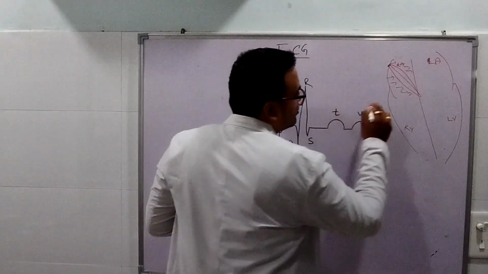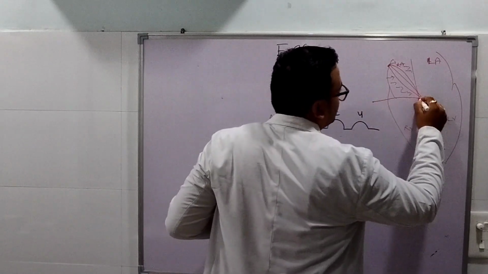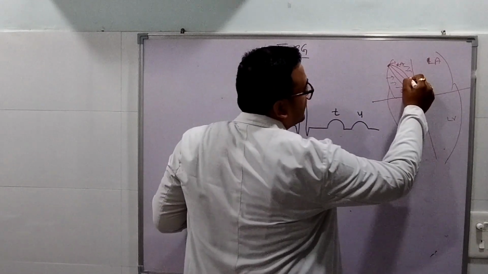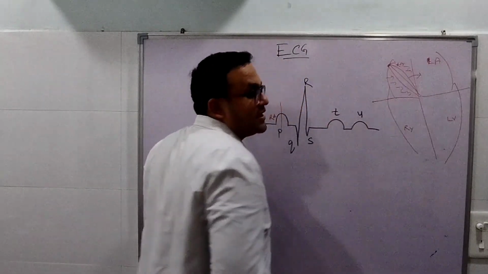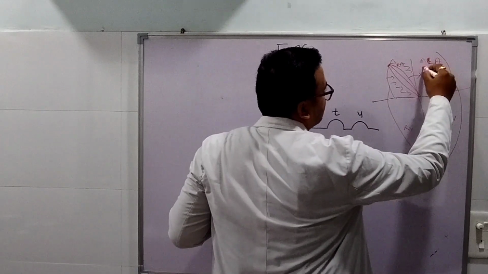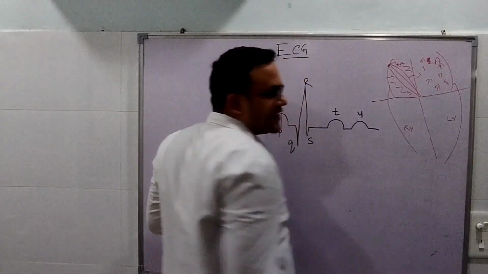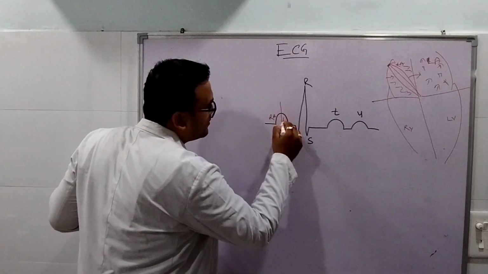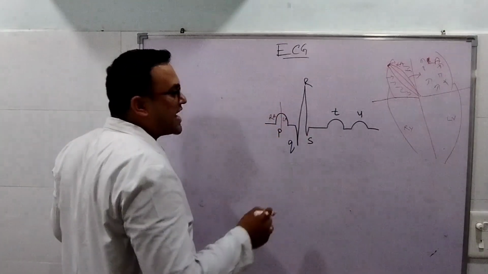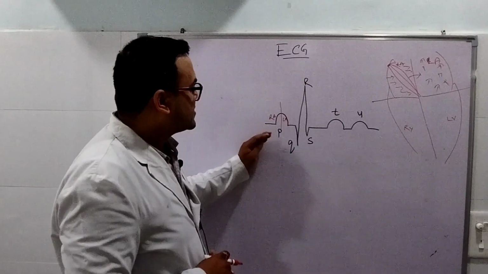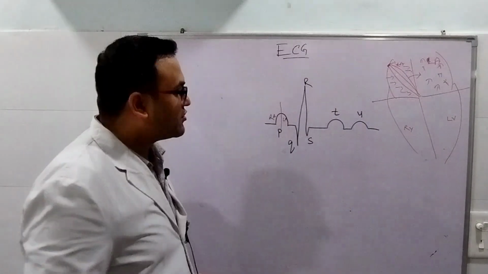Then I told you there is a no go from here to here. The impulse then gets conducted easily to the left atrium, and the left atrium gets depolarized. The left atrium contracts, and that makes the second part of the P wave, that is left atrial contraction.